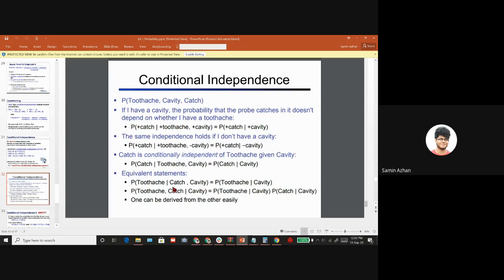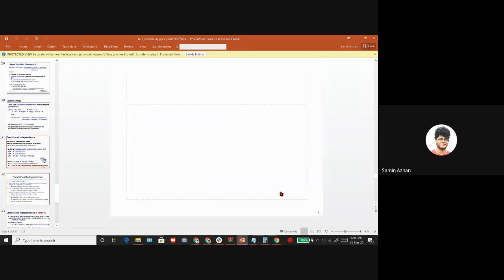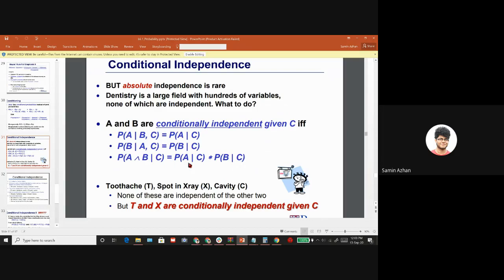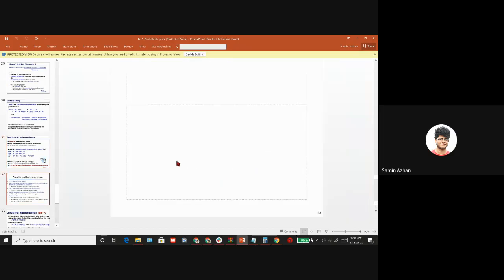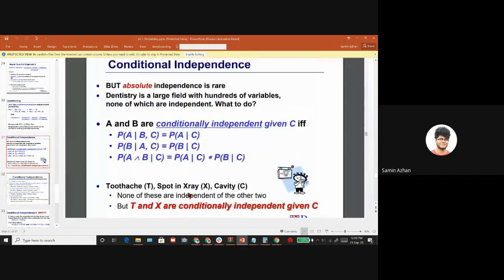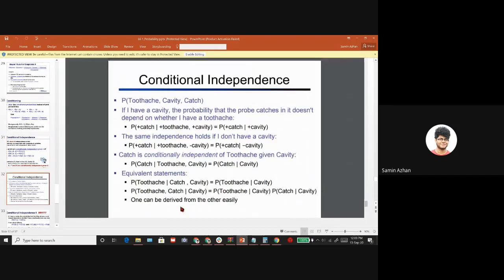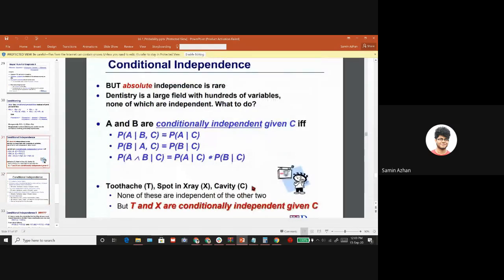Similarly, if catch doesn't depend on toothache, we can come to this conclusion. And finally, if we can prove this, the very last statement, then we can rest assured that T and X, which is toothache and catch in this case, are conditionally independent given C.